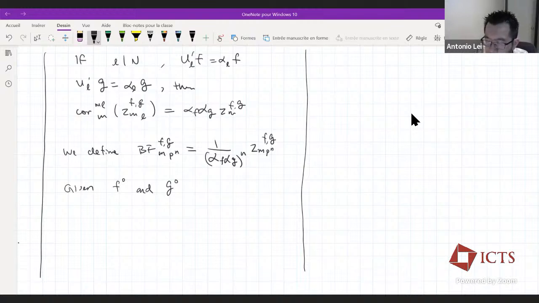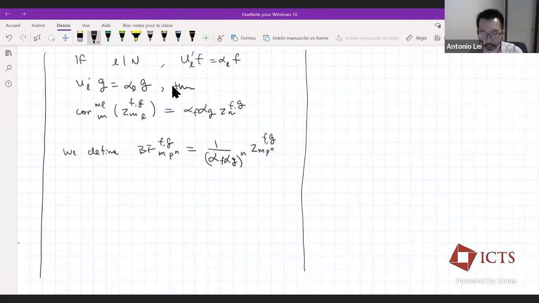My L here is now P. Okay, so given two modular forms F, yeah, maybe I shouldn't introduce this new notation to confuse you further. So maybe I'll just say this.